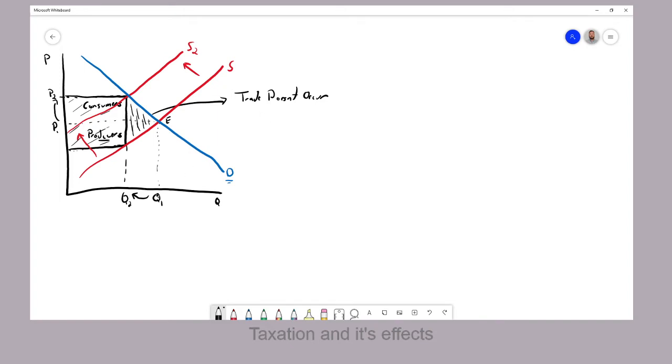This is trade at this quantity and price that would have occurred at the old level before the tax. And in economics, we call this a deadweight loss. This is trade that having this tax on the good causes not to occur because the tax causes a higher price on the good.